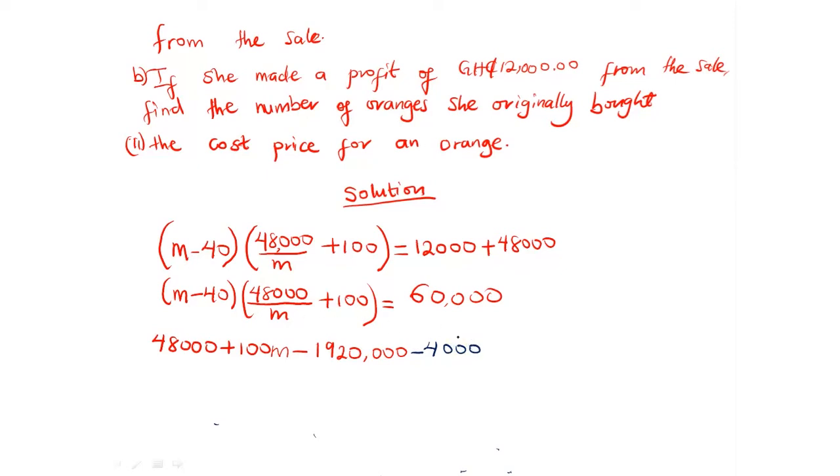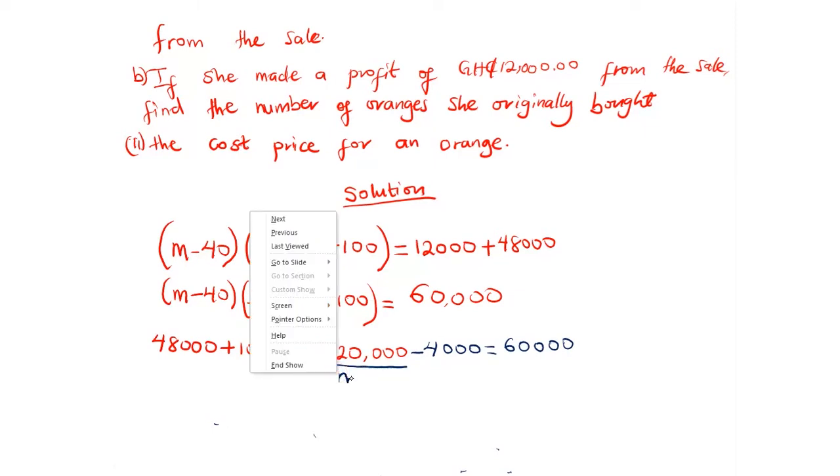All this equals 60,000. When you get here, have you forgotten there was a division here? So that is 1,920,000 divided by M.